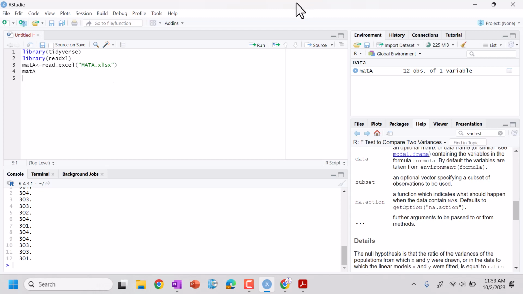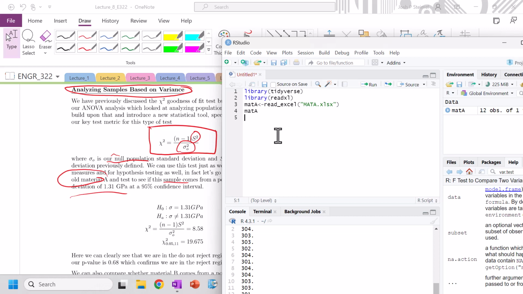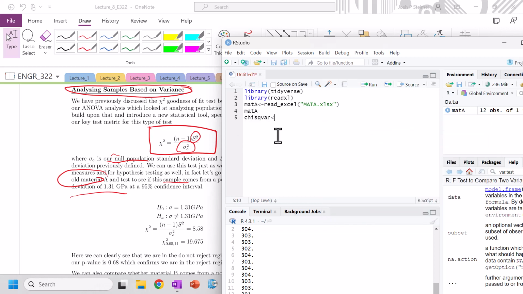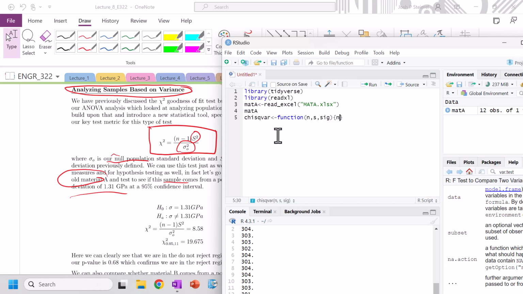So instead, let's calculate and see if we get the same values here. Let's define our chi-square var equals a function of n, s, and sig, and it's just going to be equal to n minus 1 times s squared divided by sig squared.